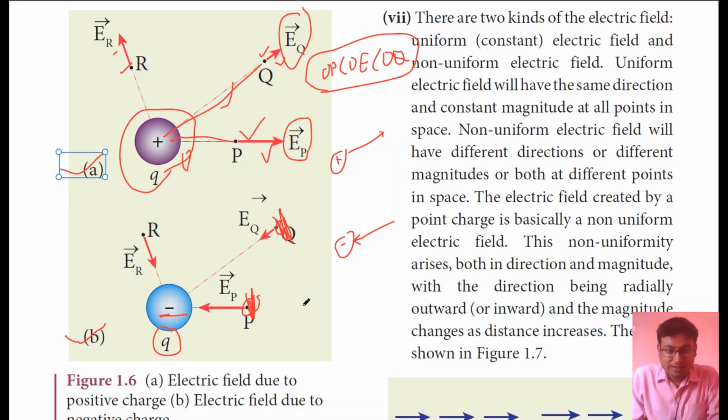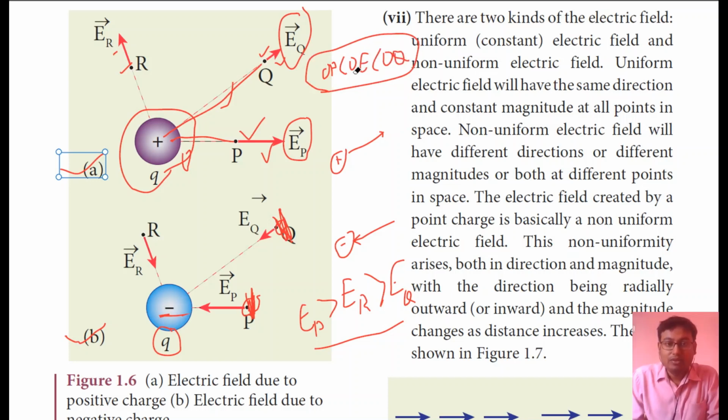That means, I am not writing in vector form, just writing magnitude, the magnitude of electric field E at P is higher than ER and highest compared to EQ. So EQ is least and EP is highest. Keep in mind that as the distance increases, the strength of electric field decreases. And not only this, a lot of other things we will see in this coming chapter.